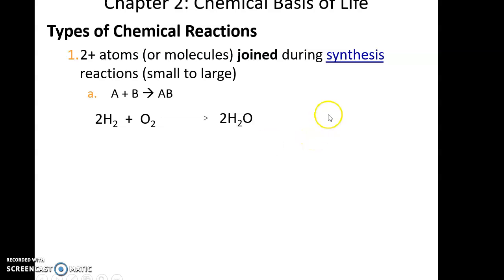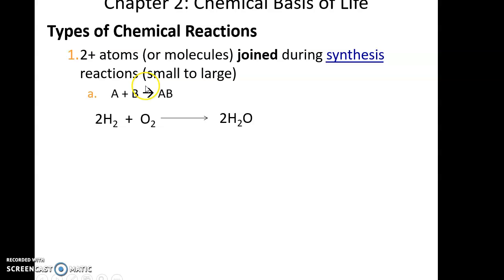All right, there are a few different categories or types of chemical reactions, as you would know them via chemistry. First up is synthesis reactions. In a synthesis chemical reaction, you have 2 or more atoms or molecules being joined together to make something new and bigger.